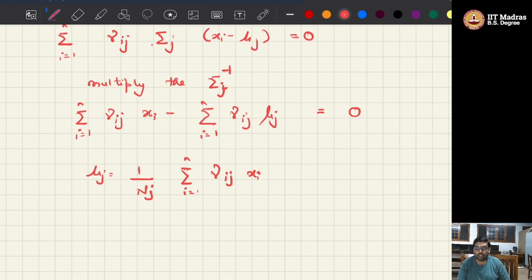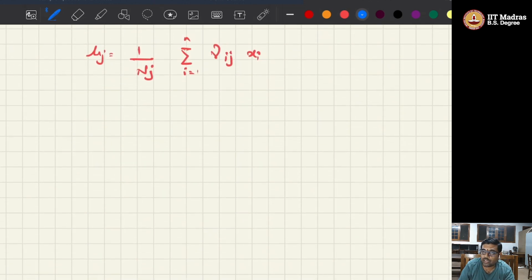So now similarly, on similar steps, I will not be going ahead with how you calculate the values of sigma j, but you have to follow the similar steps. Differentiate with respect to sigma j and follow the similar steps.